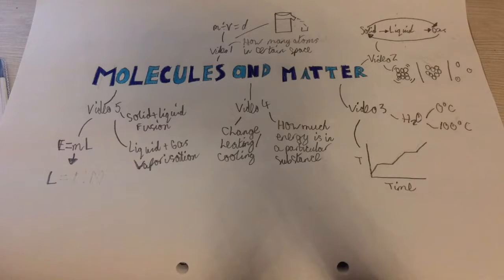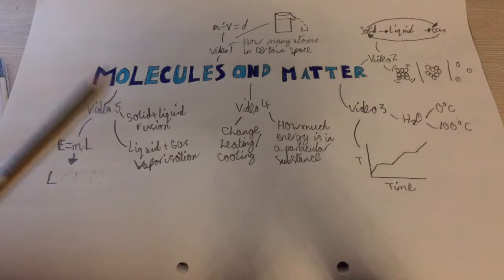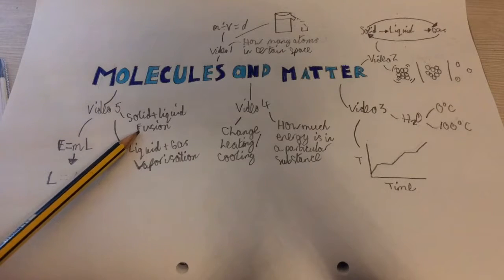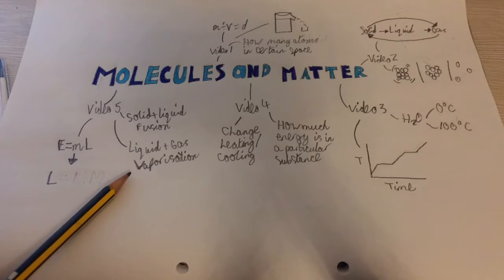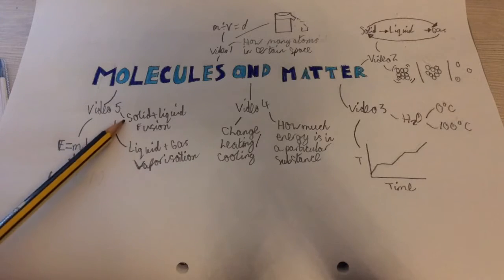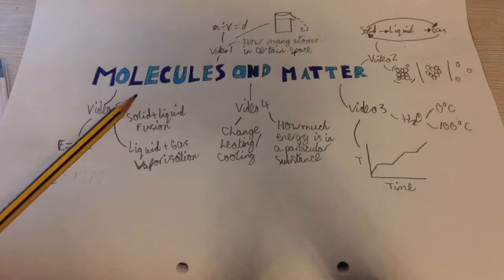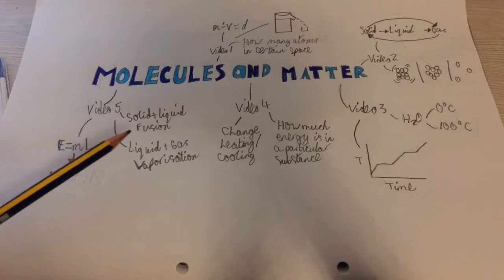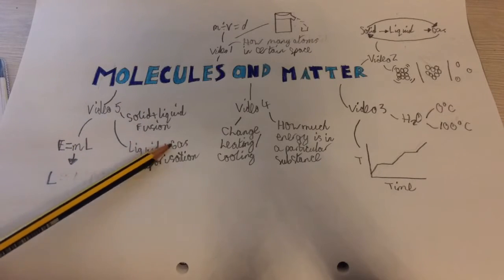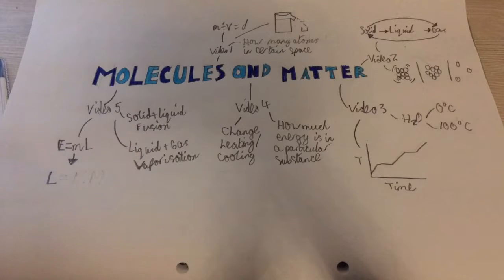So there are two types of specific latent heat. There's specific latent heat of fusion and specific latent heat of vaporization. Now the fusion is for solids turning into liquids or liquids turning into a solid, and vaporization is for liquids turning into a gas or a gas turning into a liquid.